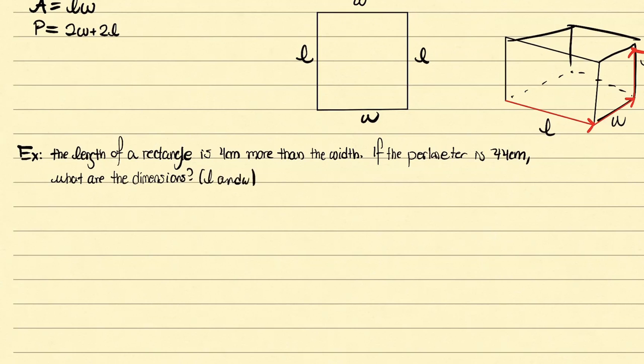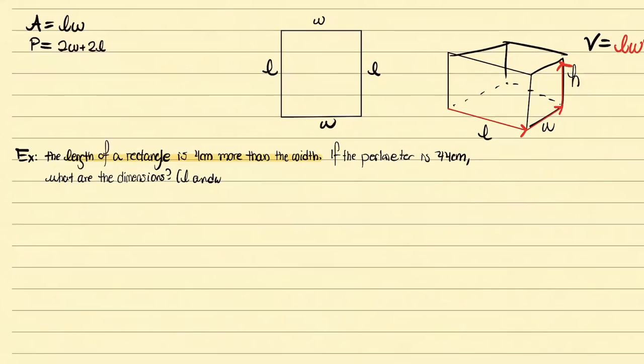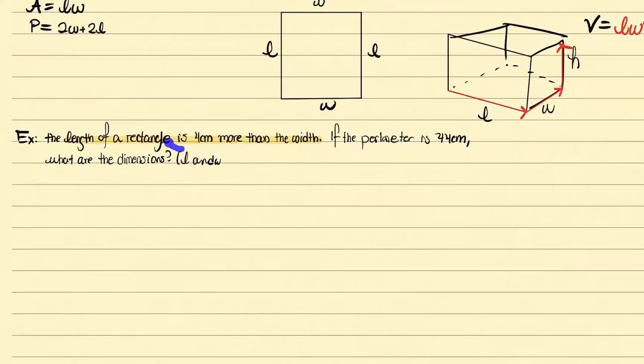So let's read this carefully. Let's try and pick out the pieces of information that are useful for us. The length of a rectangle is 4 more than the width. That's interesting. Let's see if we can describe that in terms of an equation. So when I see is, I always think equality.